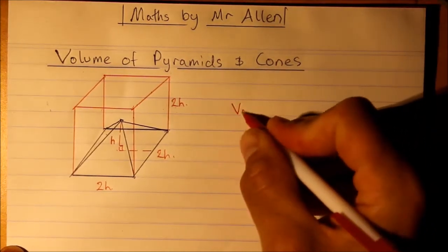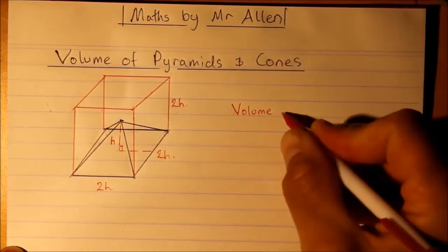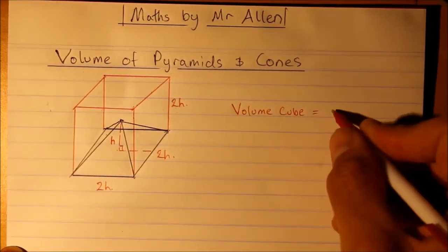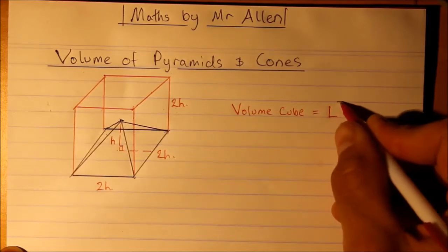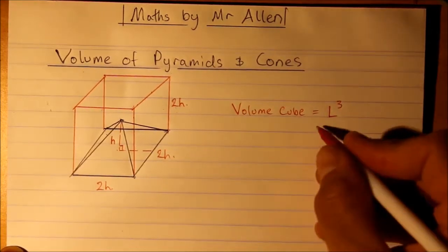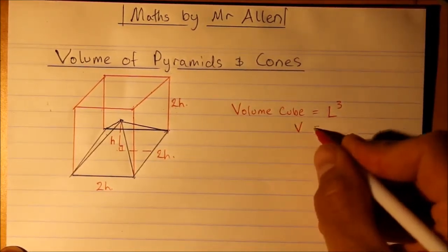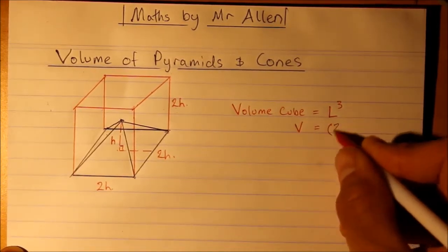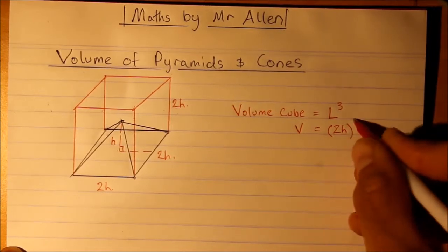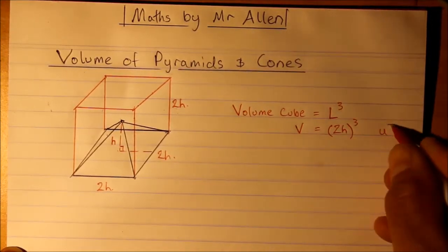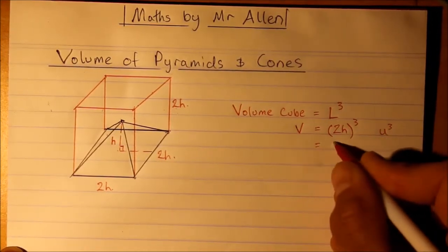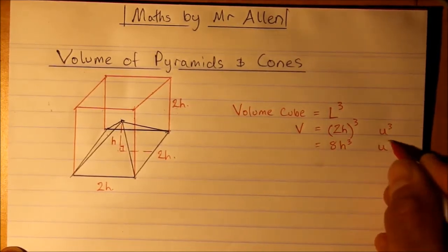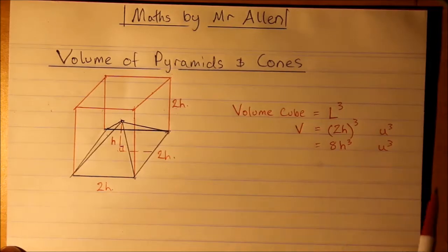Well, the cube is simply the length cubed. So the volume here is 2h cubed, units cubed, and that becomes 8h cubed.